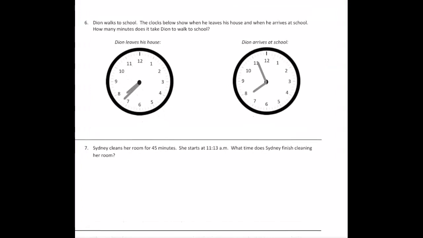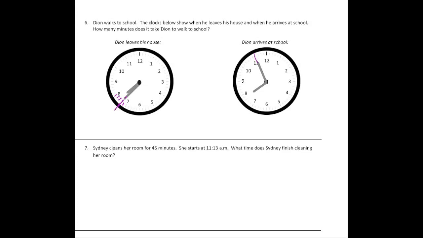Now, I think that on your paper, these lines might be hard to see. So I'm going to try to fill in so you can see where it's pointing. So this minute hand right here is pointing to the second minute after the 7.